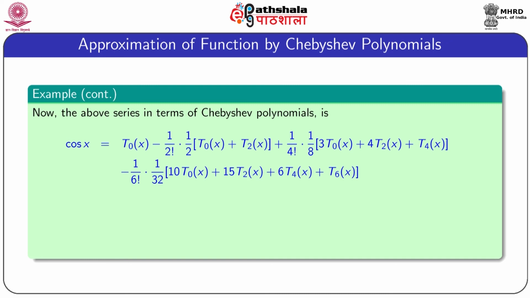minus 0.2298177 into T2(x) plus 0.0049479 into T4(x) minus 0.0000434 into T6(x).